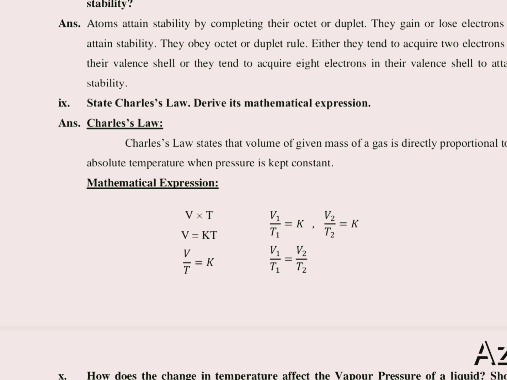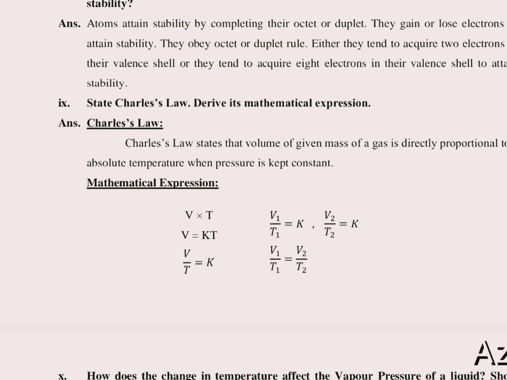So here the relation is between volume and temperature, so the pressure will be constant, and the first expression you can clearly see here is not a multiply sign, it's supposed to be a proportional sign. If you are increasing the temperature, volume increases, if you are decreasing the temperature, volume decreases, because when you give temperature to the system, the molecules of the system gain energy, they will move far apart.